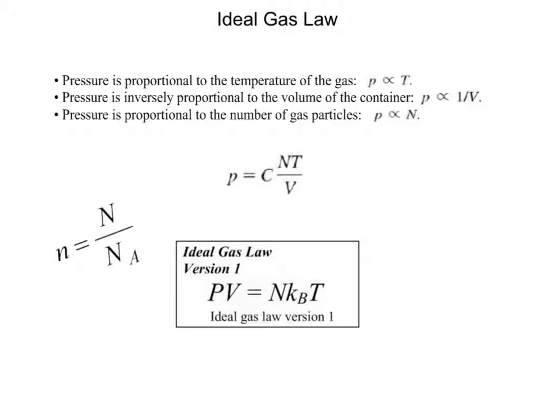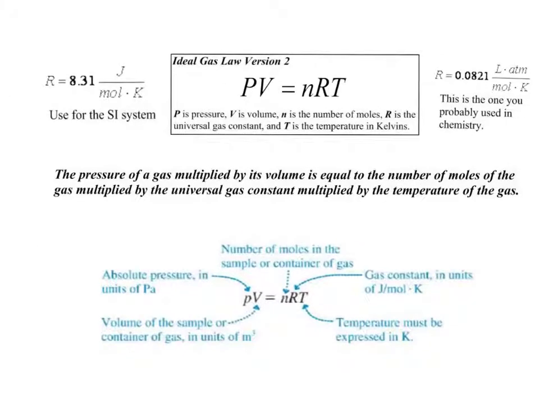Now, as you can see right here, I'm calling this the ideal gas law version 1, which implies there's going to be a version 2, right? This version 1 is just the ideal gas law written in terms of the number of particles in the gas. If you've taken chemistry, you may have seen another version of the ideal gas law, which we call version 2.